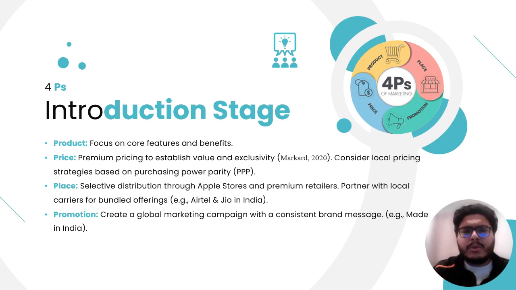But they can also consider some local pricing strategies, depending on people's price parity, what they can afford and what they cannot. But in the case of Apple, they have been doing it the other way. The cheapest people can get iPhones and other stuff is in the US, and that's their base. It's a US company, so we here in the US are definitely getting the benefit of that.